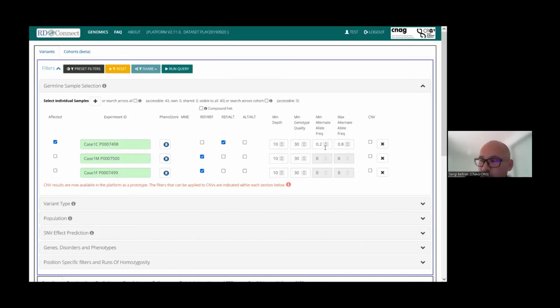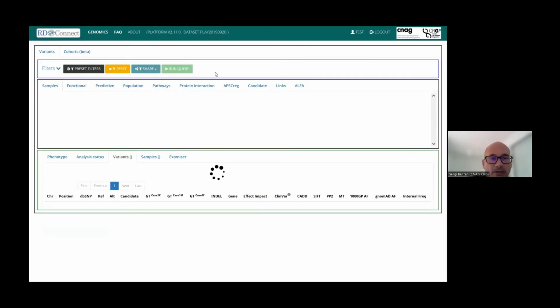But if you're looking for mosaic positions and have low coverage, you might want to tweak this a little bit because otherwise you might miss them. So I'm going to run this query now, only with these filters.